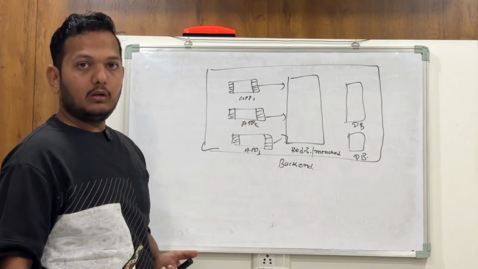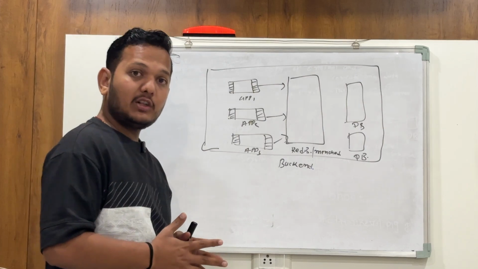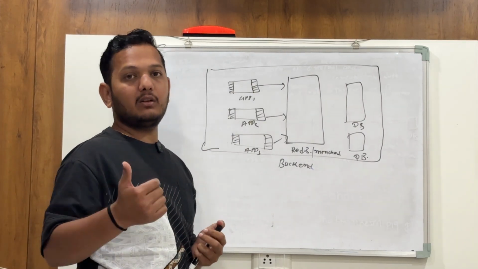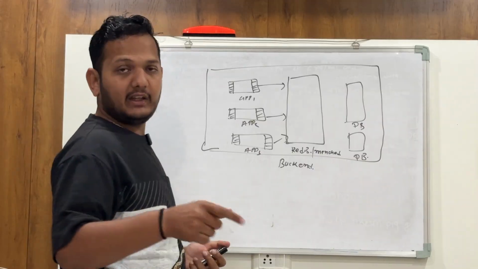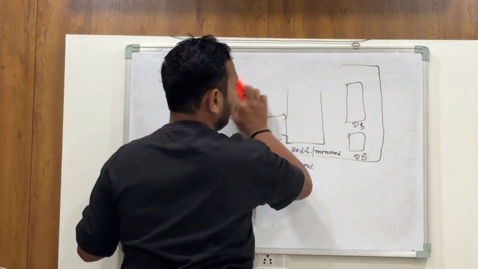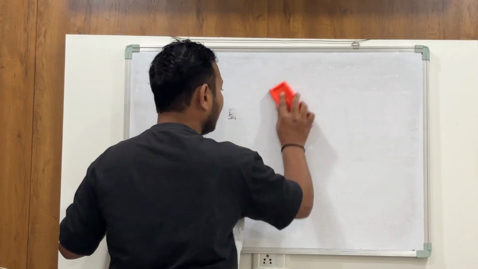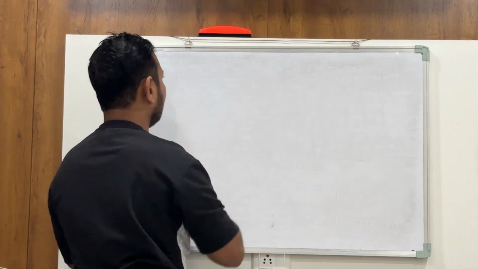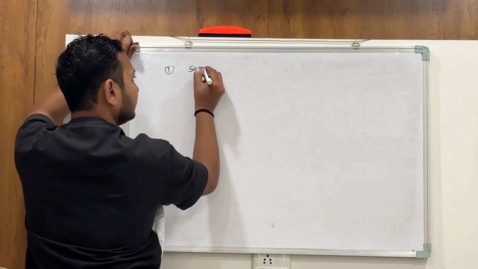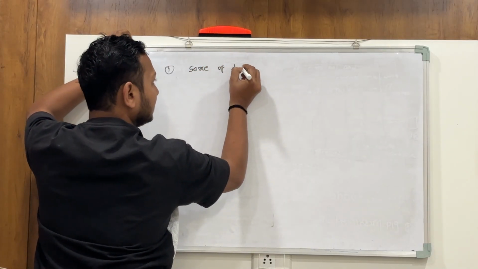Now, what are the actual challenges that we face with caching? There are mostly two challenges we can face if we use caching. The first is source of truth.